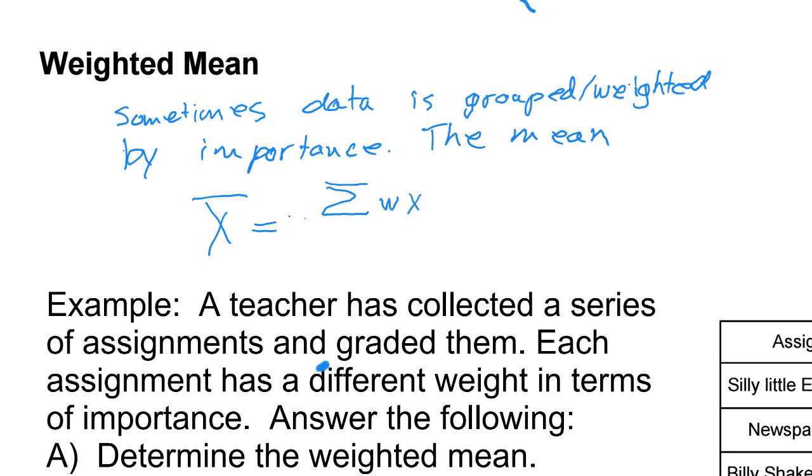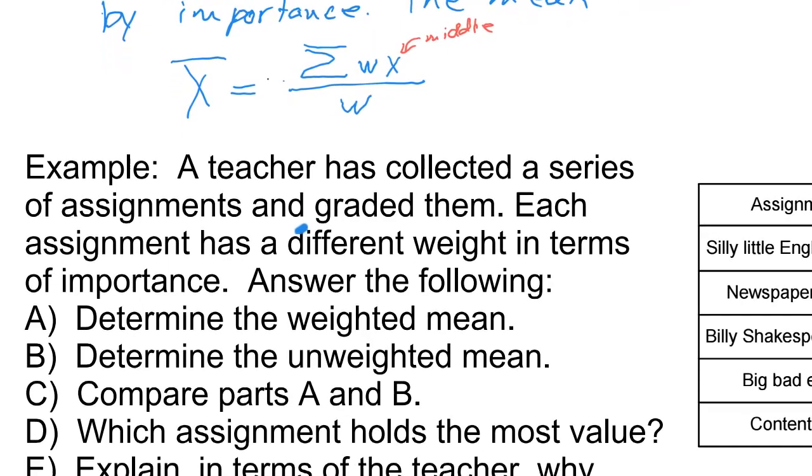The x value, if it's in a group, you would take the middle of the group, but if it's just a number, you just take the number. Then we divide the weight times x by the total weightings that we have for our problem. So let's take, for example, this problem that I've provided for you.